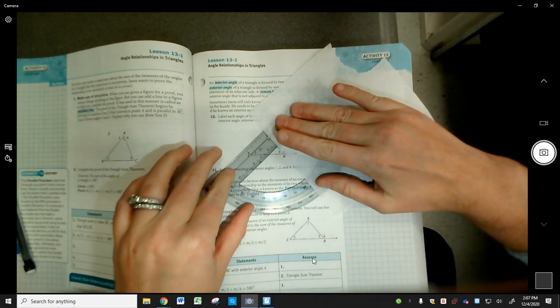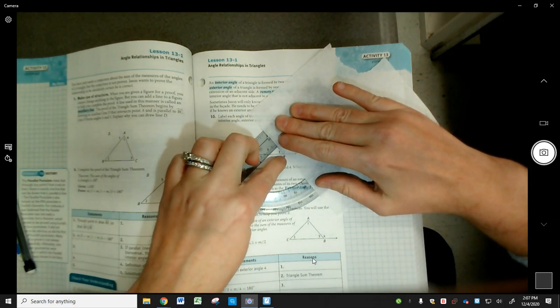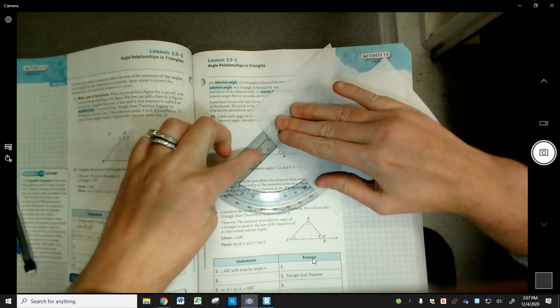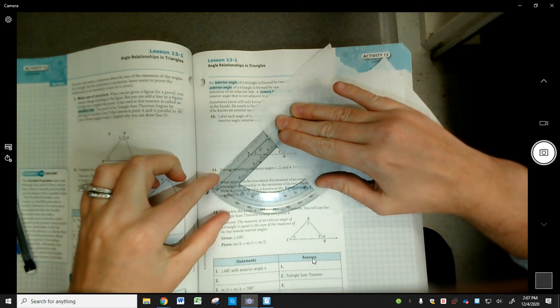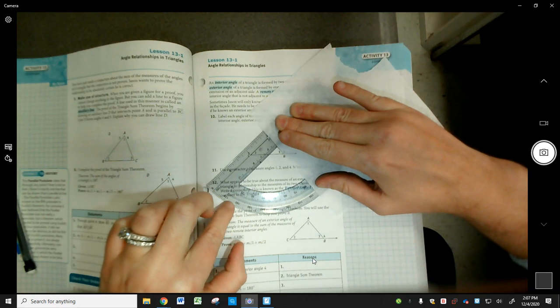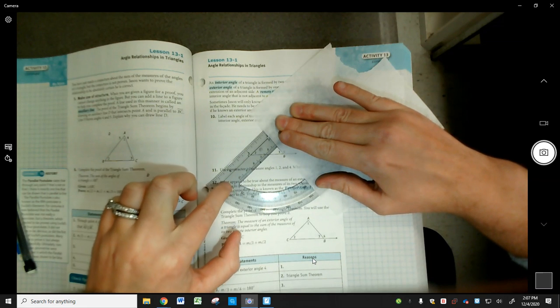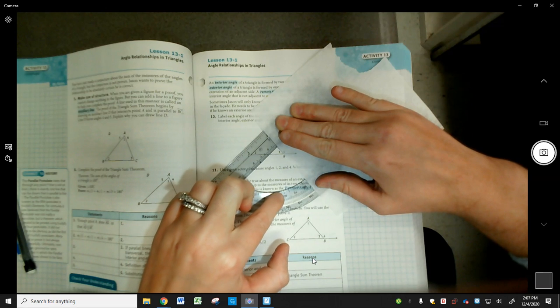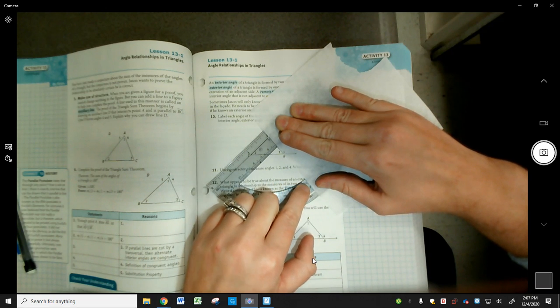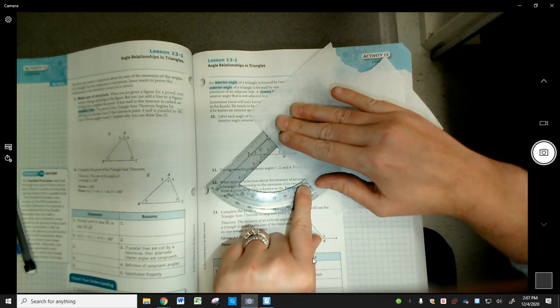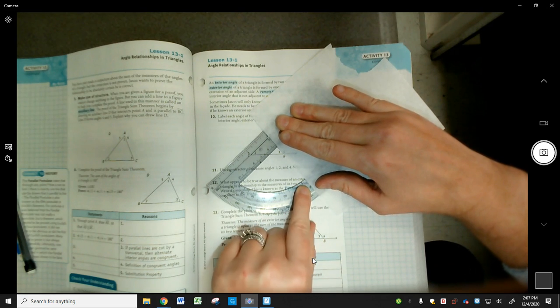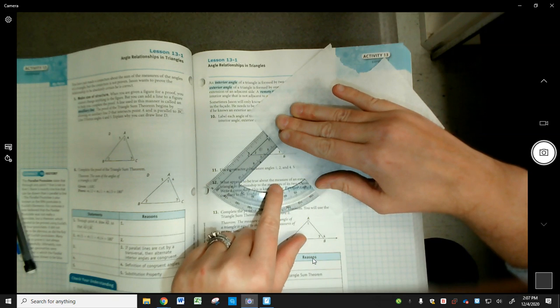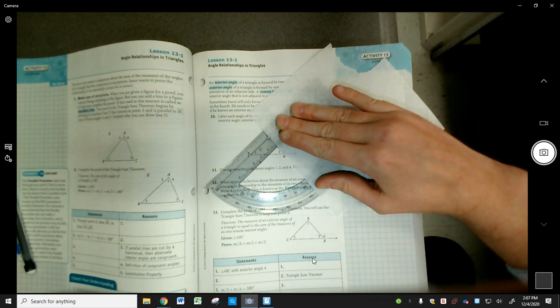And then we are measuring the part over here. So I need to start with the 0 over here. This is the 180, so I'm not using these outside numbers. I'm going to be using the inside numbers, and I'm going to get 85 degrees for the measure of angle 1. So if you got 95, that means that you used the wrong set of numbers for that.